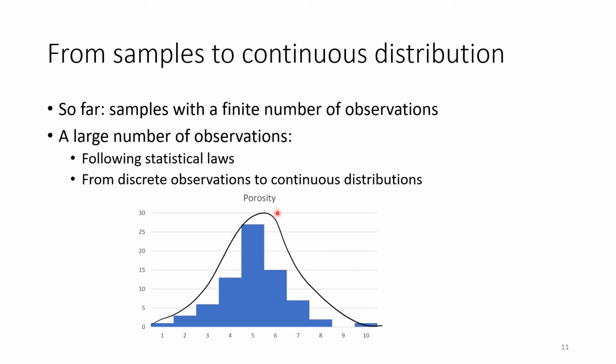So I tried to sketch that here. It's not a nice sketch, but the real idea is that instead of having those classes, if I have an infinite number of samples, I can make infinitely small classes, and I end up with a continuous distribution.